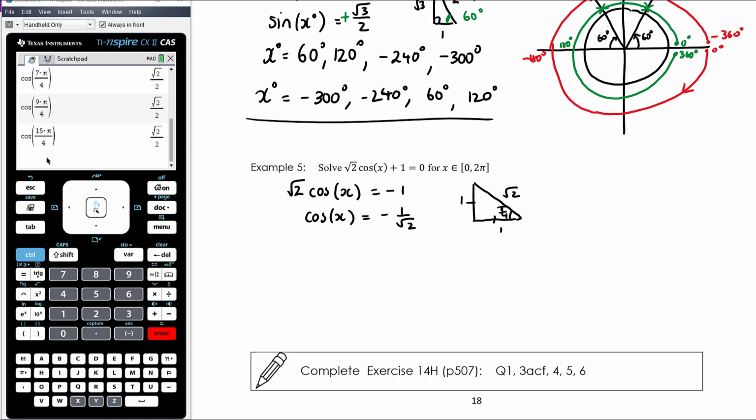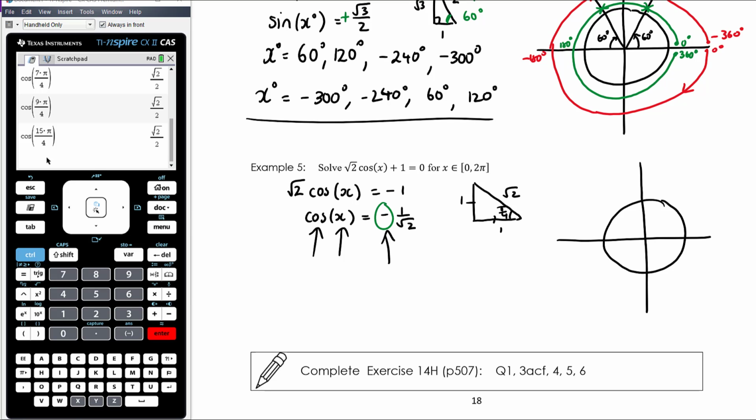Okay. Then I need to think about quadrants. So this time I can see that cos is equal to negative 1 on root 2. So in my unit circle, the x coordinate is negative. So that means I must be in the second and third quadrants. Which angles make the x coordinates negative 1 on root 2? So we're in the second and third quadrants and our angle is pi on 4.